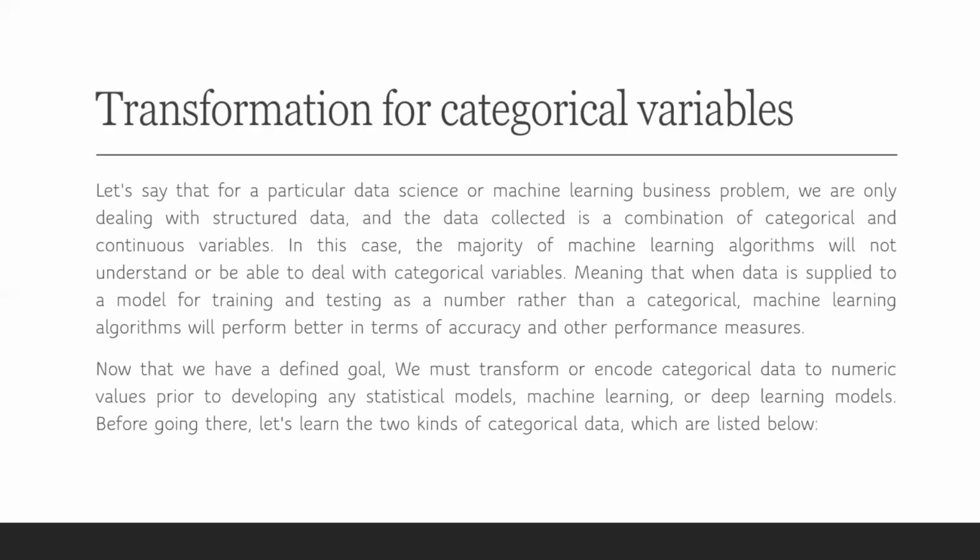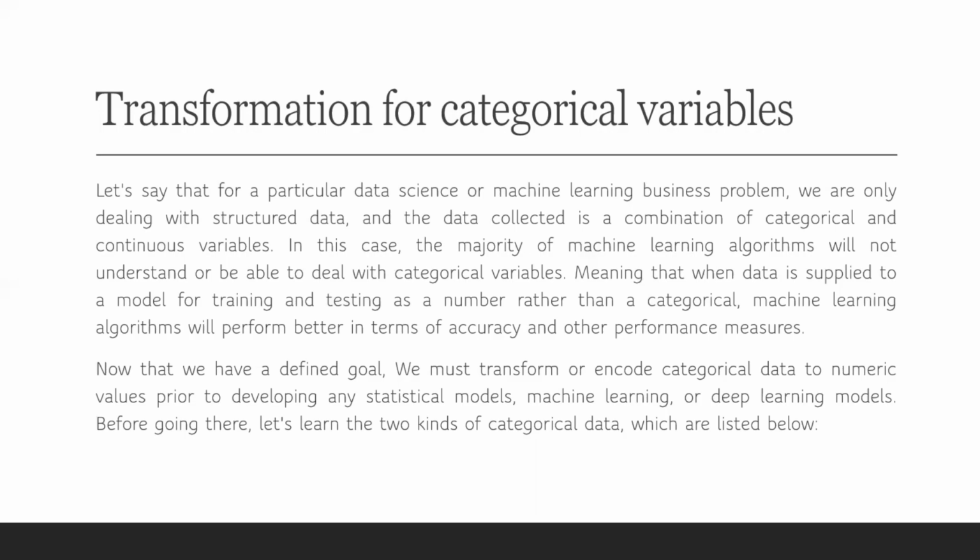In this case, the majority of machine learning algorithms will not understand or be able to deal with the categorical variables, meaning that when data is supplied to a model for training and testing as a number rather than a categorical, machine learning algorithms will perform better in terms of accuracy and performance measures.